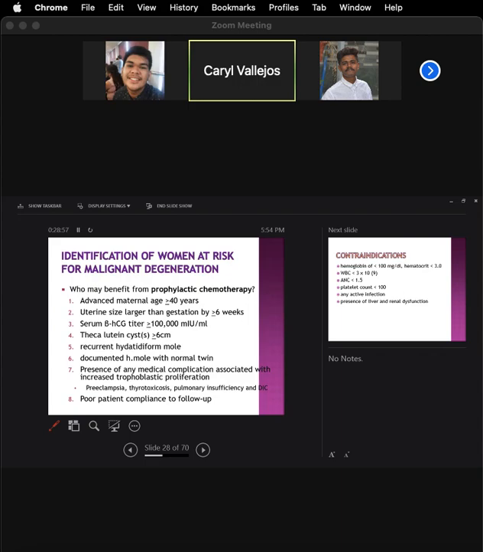And for number 8, poor patient compliance to follow up. So if you know that the patient lives in very far away areas, you might give your chemoprophylaxis because for sure the patient will no longer follow up.